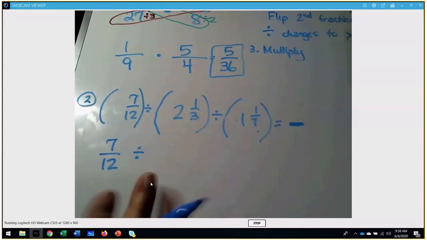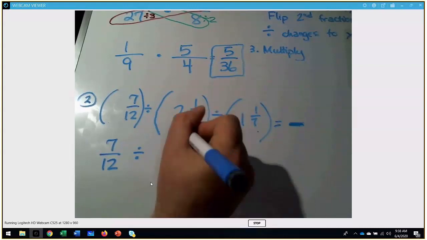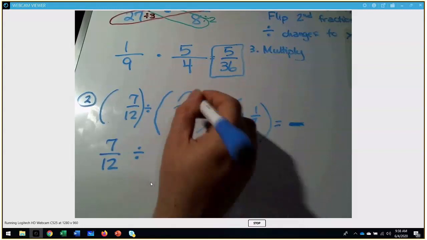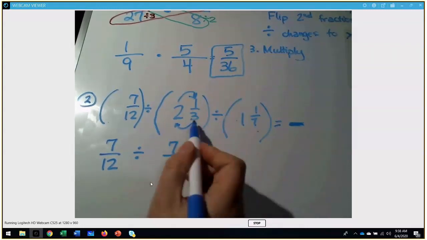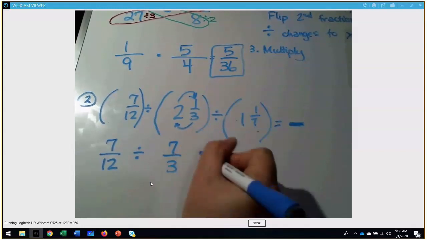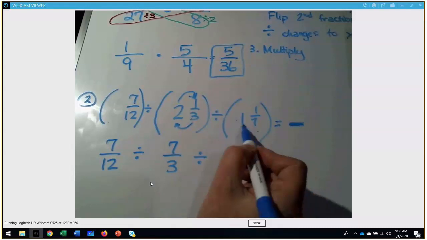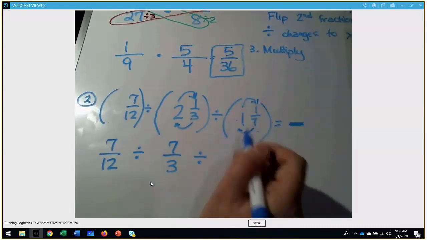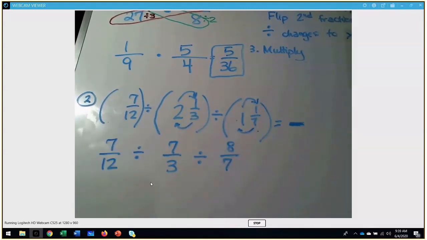Just leave that alone. 2 1/3 needs to change. 3 times 2 is 6, plus 1 is 7 over 3. And then the next one, same thing. 7 times 1 is 7, plus 1 is 8. 8 over 7. Yep. So, got all that done.